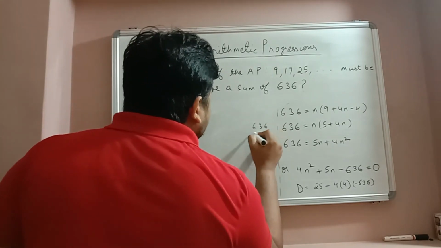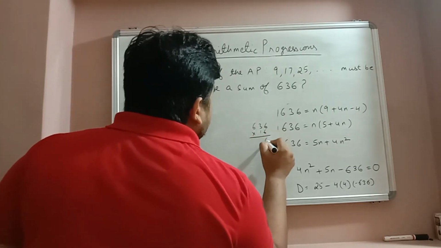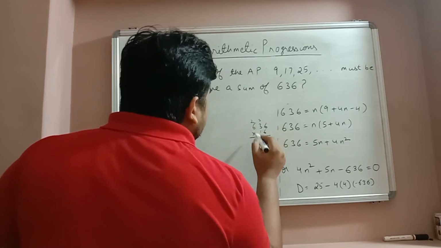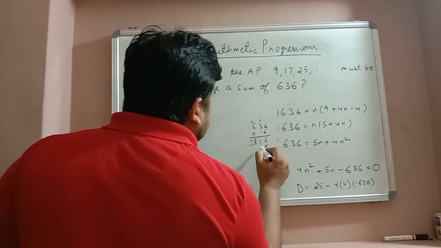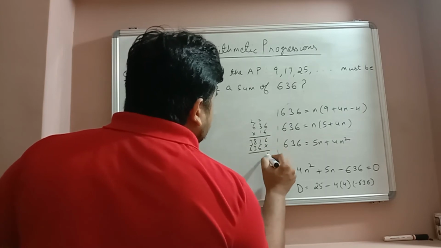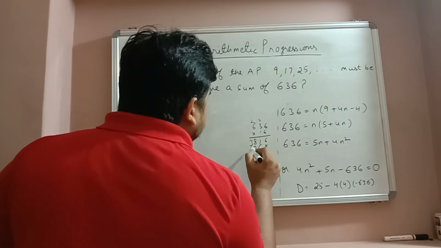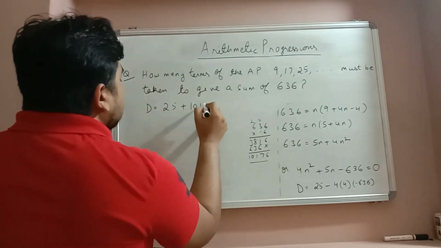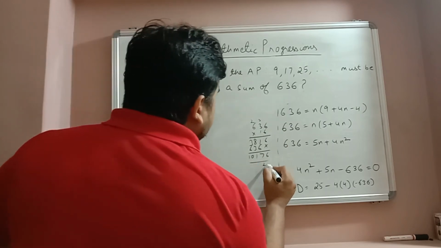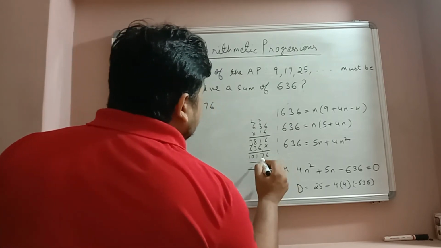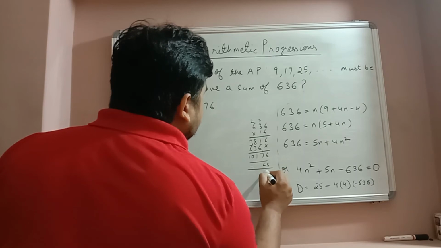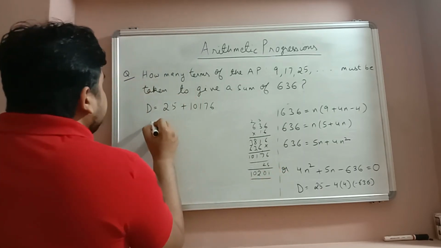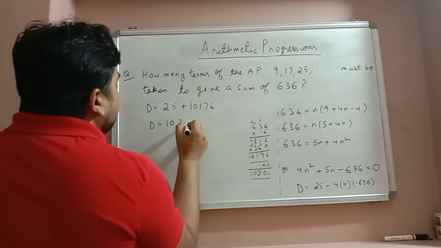Let's solve this. 6 6s are 36, 6 3s are 18, 21, 6 is 36, 38, 636. So this turns out to be 10176. So our D comes out to be 10201.